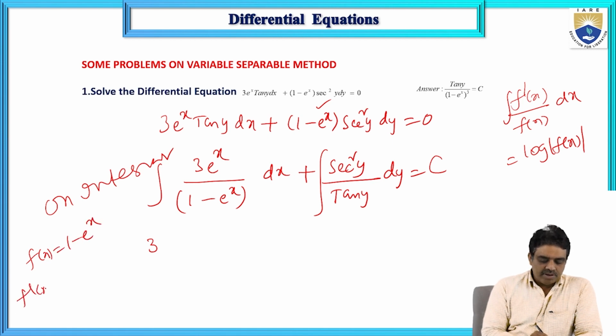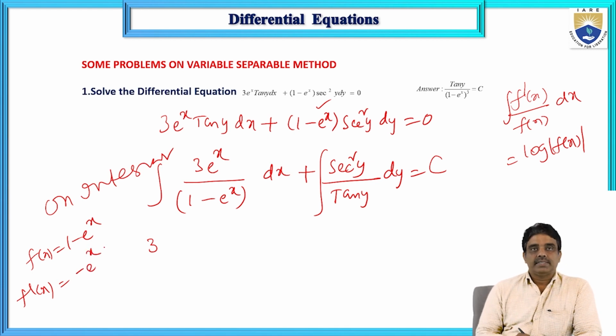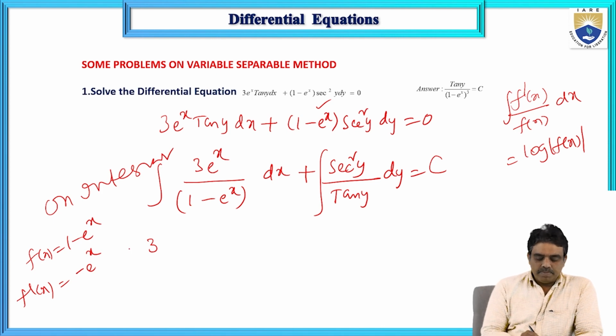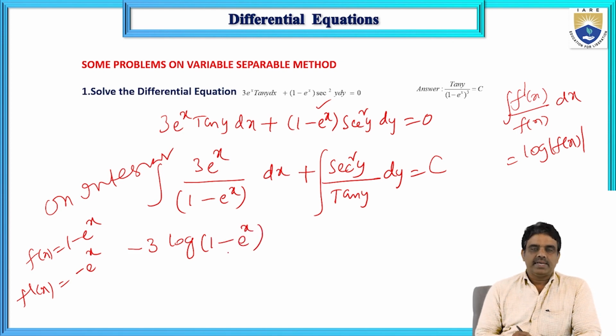On differentiating you will get 1 constant 0, you will get minus e power x. So that will appear in the numerator except minus sign. So I can write minus 3 into log of f of x, which is 1 minus e power x. That is the integration of the first term.